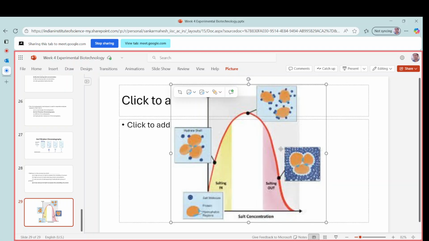But in extremely high concentration of salt, it is these proteins that would interact, whereas your salt would interact only with the outer waters. This is salting out. So it just tells us whether you can precipitate proteins or not.